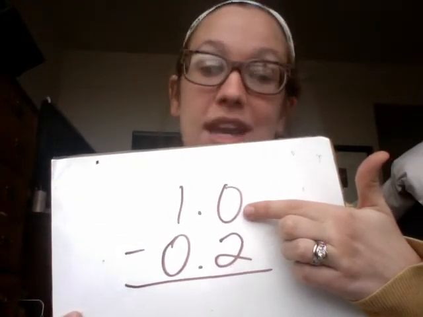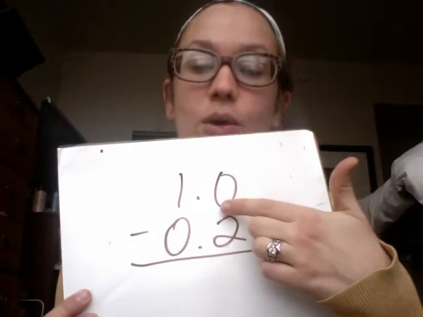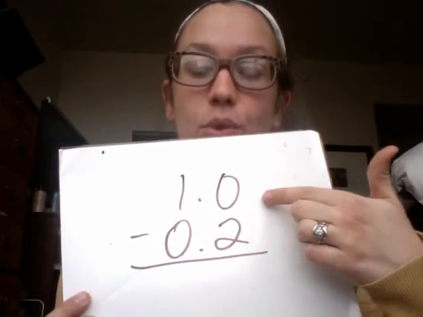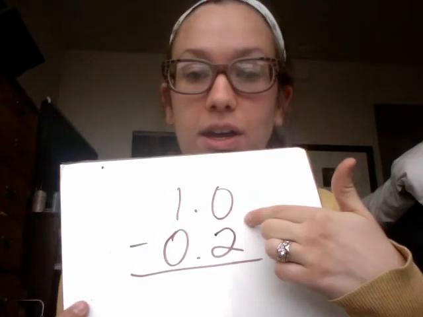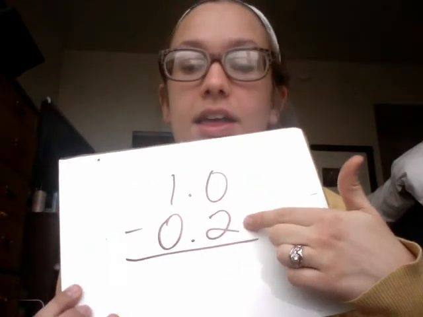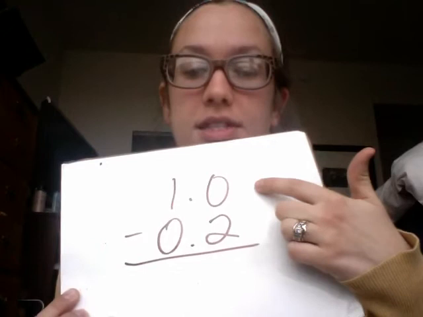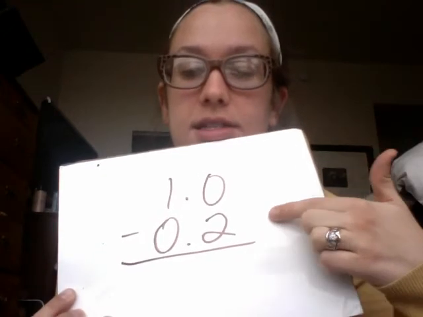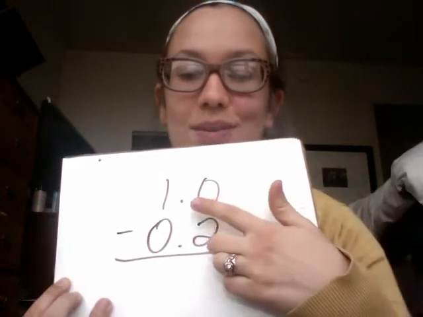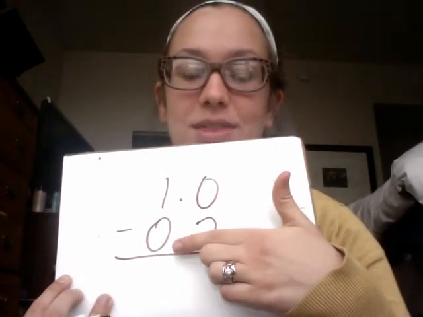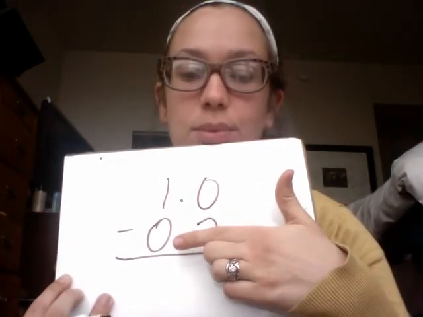It just wasn't written out. So we can just go ahead and write out 1.0. Doesn't change the value. The value is still 1. And then line it up so that the 0 in our tenths place is lined up with the 2 in our tenths place. And the 1 in our ones place is lined up with the 0 in this ones place.